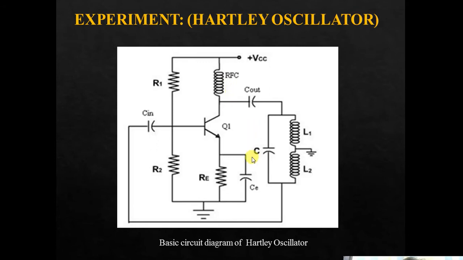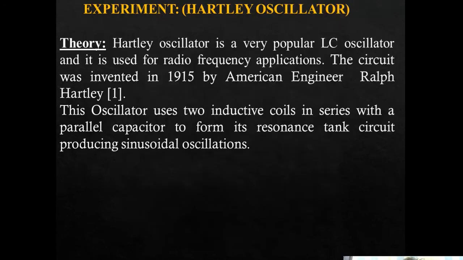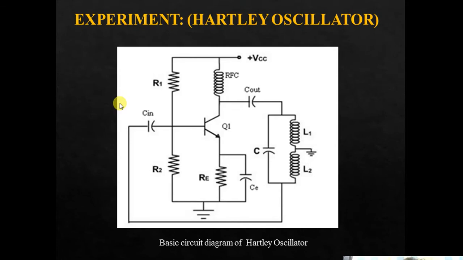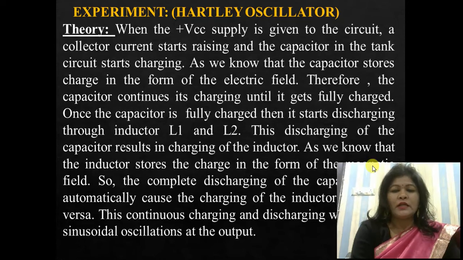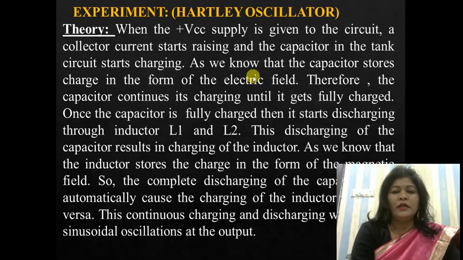So how does this oscillator work? This is the working of the Hartley oscillator. When the plus VCC supply is applied to the circuit, the collector current starts increasing and the capacitor in the tank circuit starts charging.